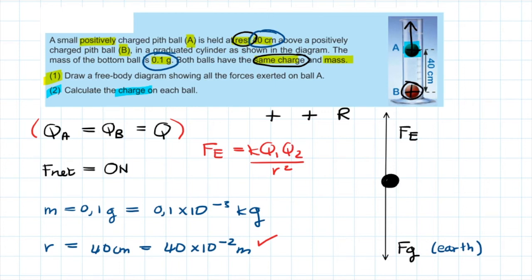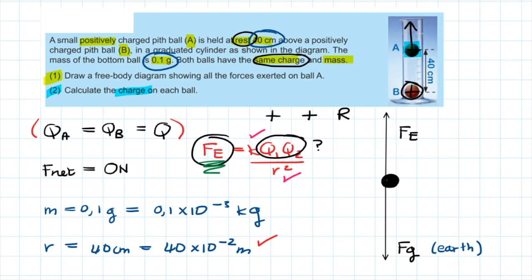We have the proportionality constant. We also have the distance between the two balls. But we don't have the charges, because that is what we're looking for. And we also do not know the electrostatic force. So we're going to have to come up with a plan to calculate this electrostatic force.